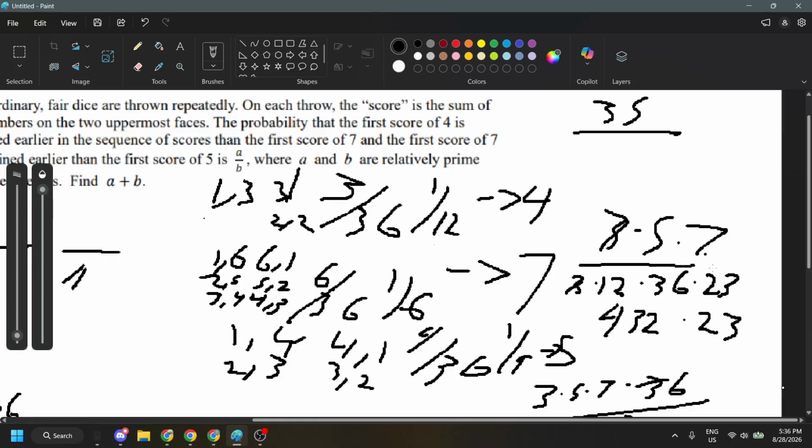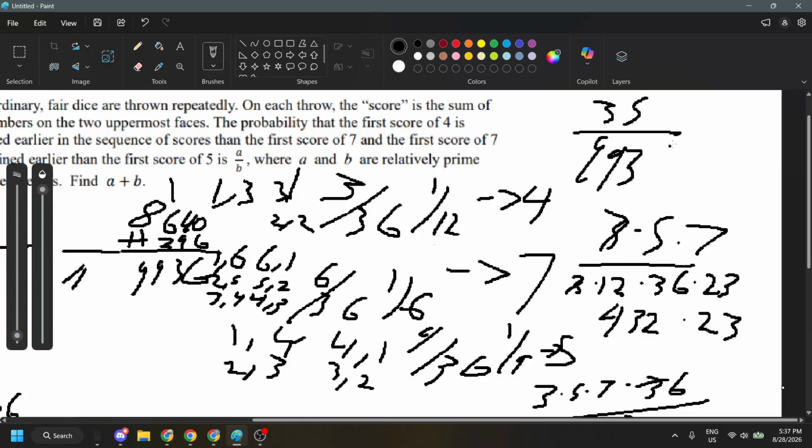And then we need to multiply this by this, which is going to be 8,640 plus 1,296, which gives 9,936.